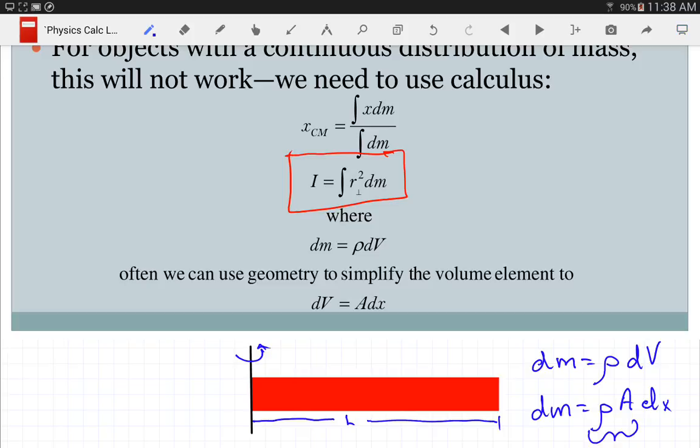So r perpendicular is measured like this. Using my traditional XY coordinate system and setting the origin right there for x, then my r perpendicular is just equal to what variable? x, right.